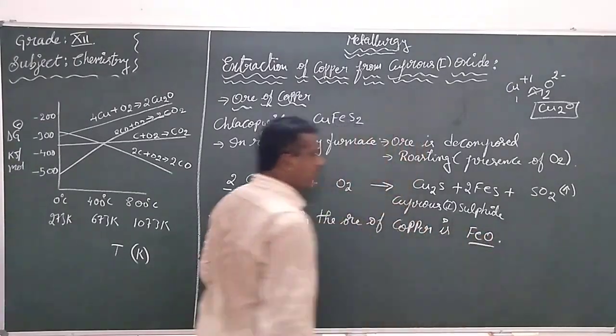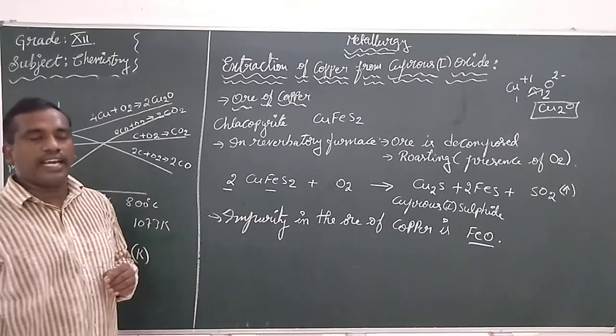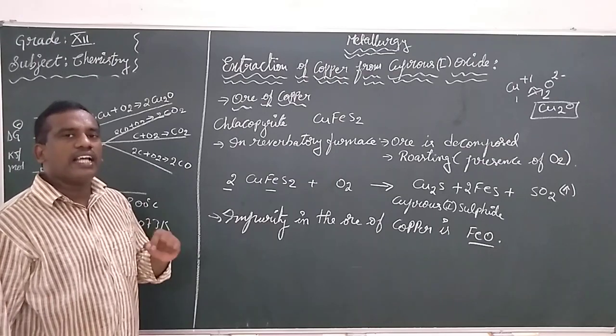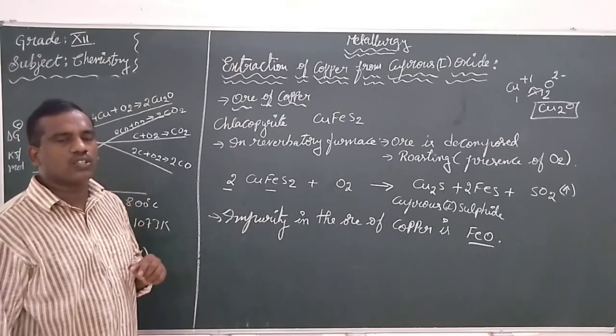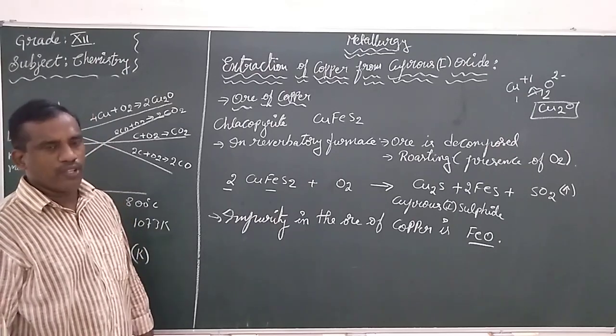FeO. Iron oxide is present as the impurity in this ore.